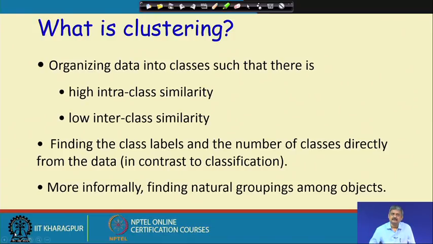Homogeneous means if you take points from the same group, they are close, whereas if you take points from different groups, they are apart. So, you want to maximize intra-class similarity and minimize inter-class similarity among the points.